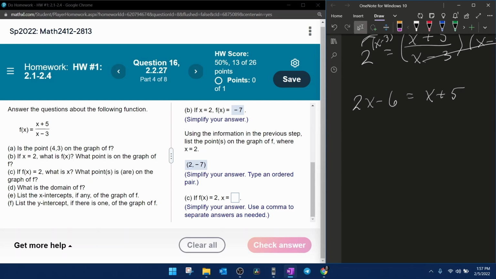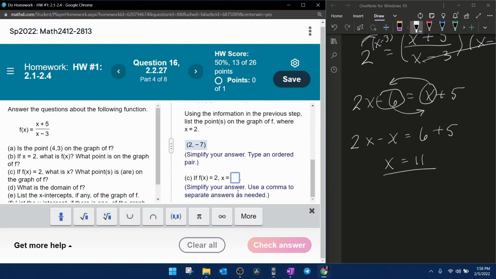Again, I'm trying to solve for x because it wants to know what is x. So here we're going to do the double switcheroo, bringing the x over and the negative 6 back gives me 2x minus x equals 6 plus 5, which is x equal 11.